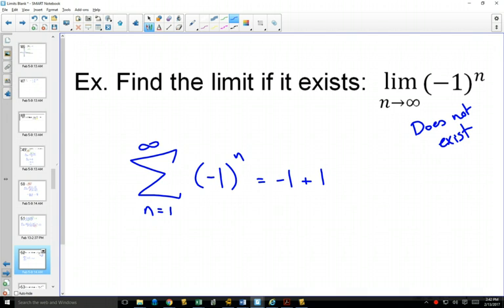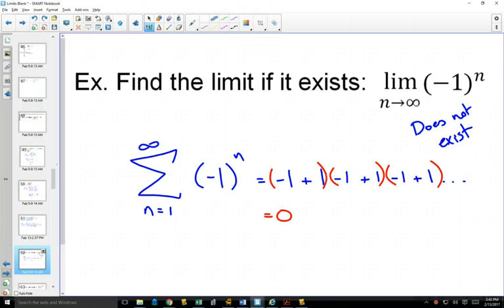So can you see that you would get negative 1 plus 1, minus 1 plus 1, minus 1 plus 1, and so on forever. What is this equal to? 0? Because if you group these two together and then these two together, and you did that forever, wouldn't those always be zeros? And it goes on forever, so you could just do 0 plus 0 plus 0 plus 0 plus 0 plus 0. So some would argue that this is equal to 0.